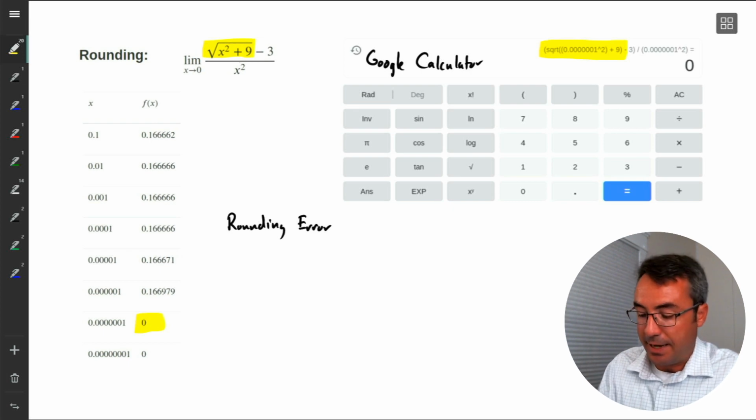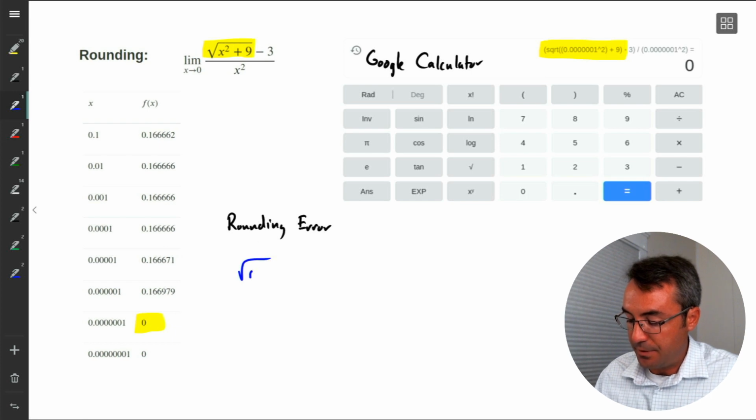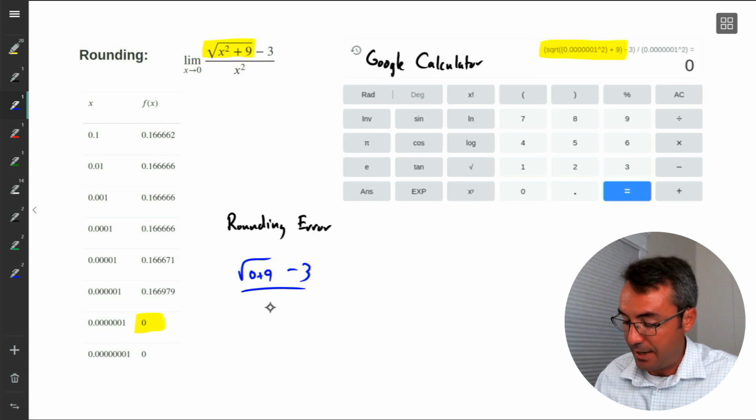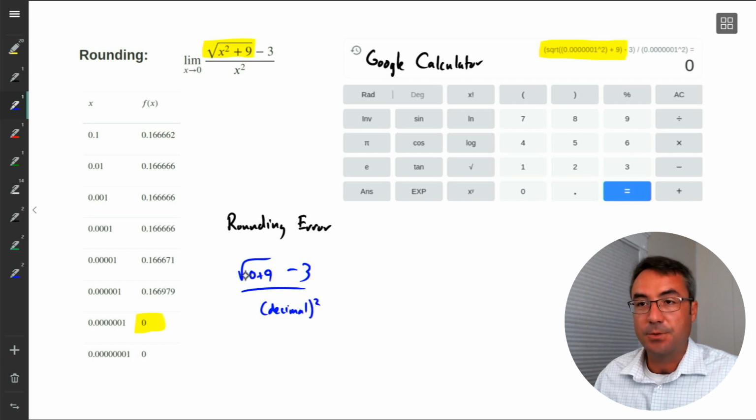So it's really, this is what it's kind of thinking here. Square root of 0 plus 9 minus 3 divided by that decimal squared. That decimal becomes so small, it just interprets it as 0.